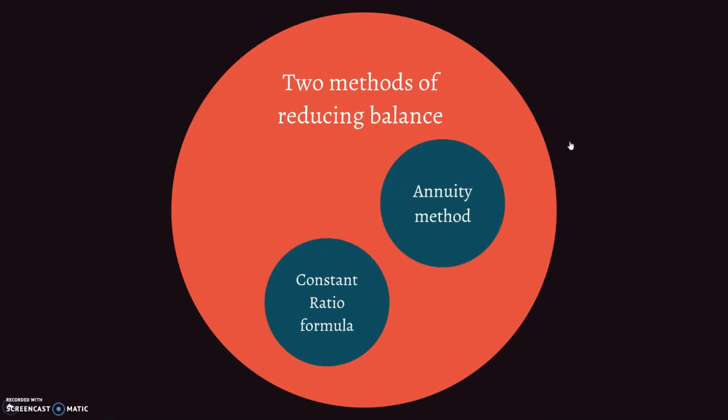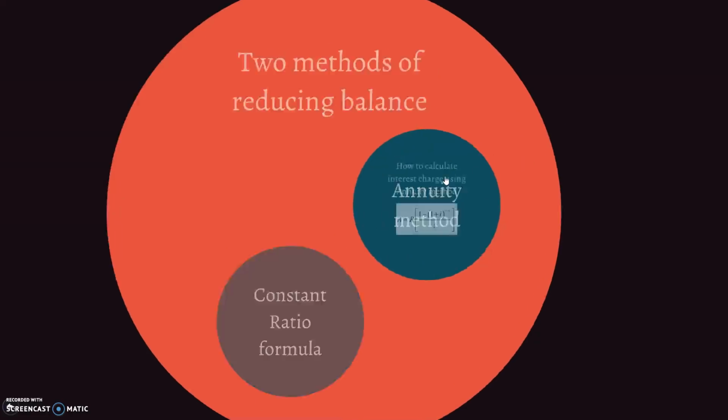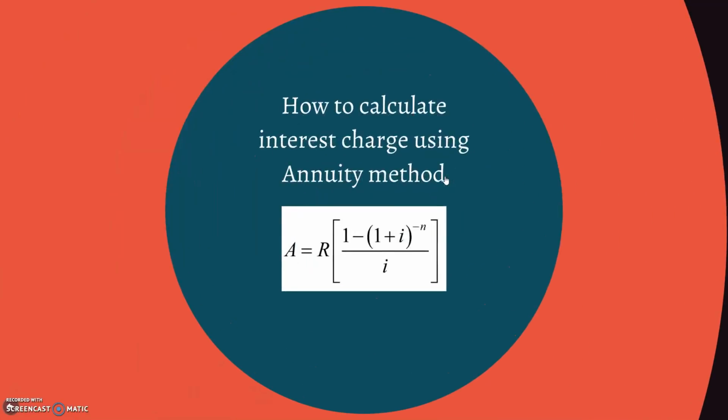So we are going to have two methods, right? In calculating reducing balance, we have the annuity method and the constant ratio formula. For the annuity method, basically we are going to reuse a formula that we have used in annuity before, the only one formula that we're going to use, which is the present value formula.